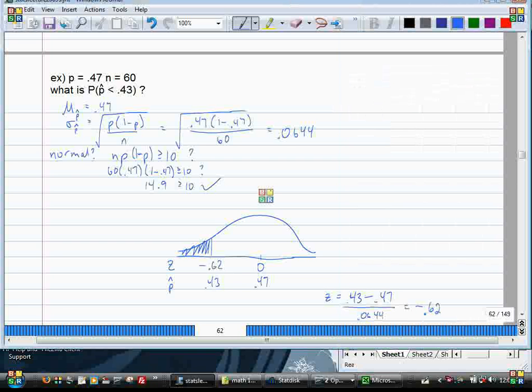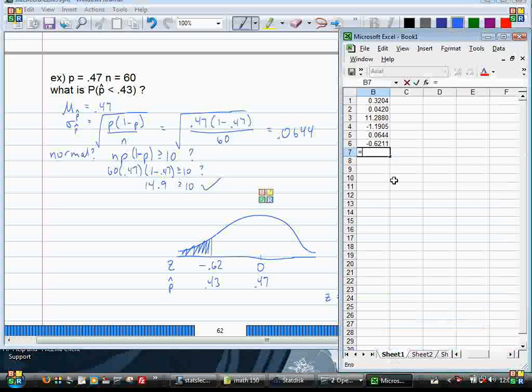Is that the answer, or do you find the area? Well, what's the question asking for? So that means we have to find the area, exactly. Okay, so norm.s.dist of negative 0.62. And that gives 0.2676.